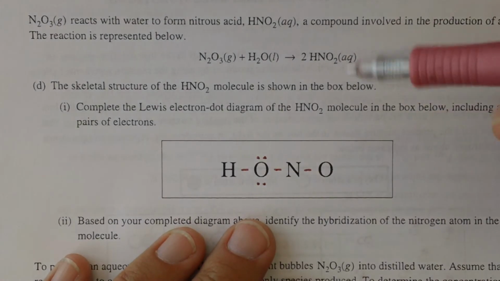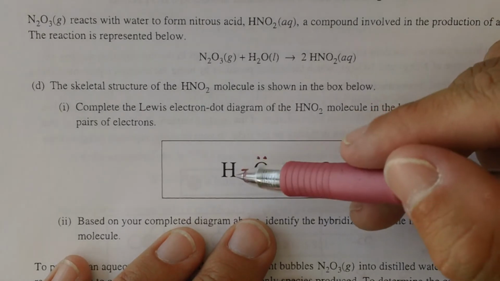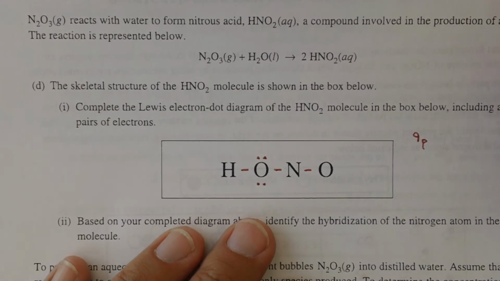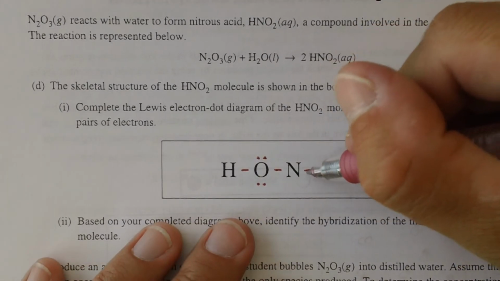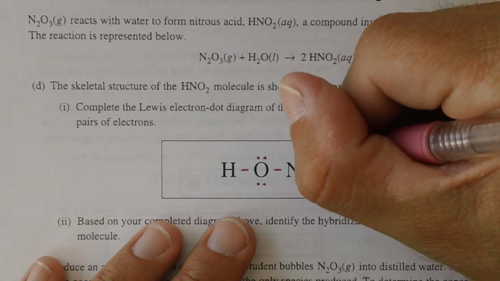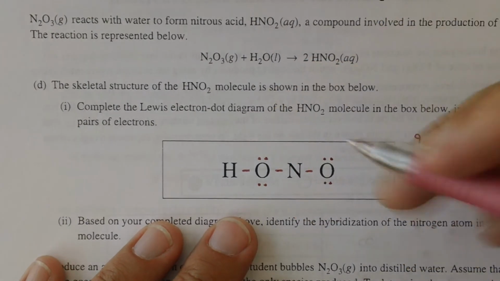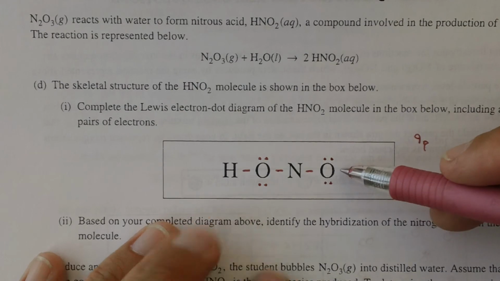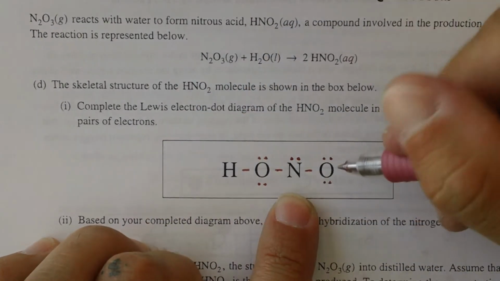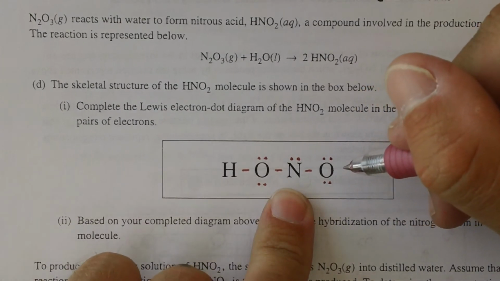It's worth counting up electrons for us. Each of those oxygens has 6 valence electrons, 5 more from nitrogen, 1 from hydrogen is 18 electrons, or 9 pairs of electrons is what I got. And so there's 1, 2, 3, 4, 5. You take care of terminal atoms next. 6, 7. If I put my 8th one here and my 9th one on nitrogen, my problem is my oxygen is satisfied, but my nitrogen is short on the octet.